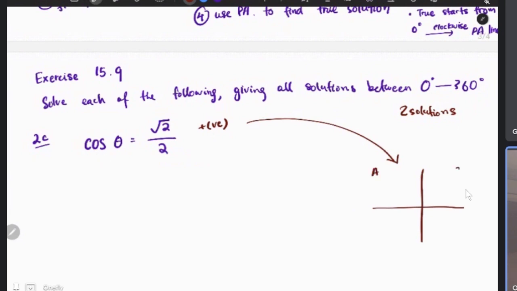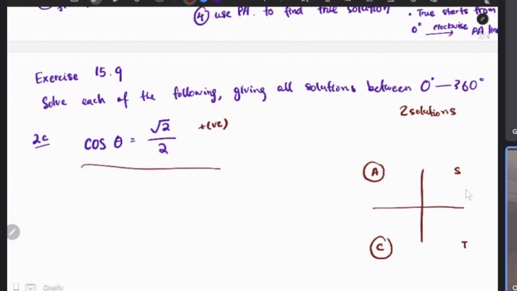Knowing my ASTC, knowing that my cos function is a positive value, that would mean my solutions will be in quadrant 1 and quadrant 4. Up until here, we haven't even started, we already know this many things, which is good. The more we know, of course, the better. It is easier for us to solve the problem.